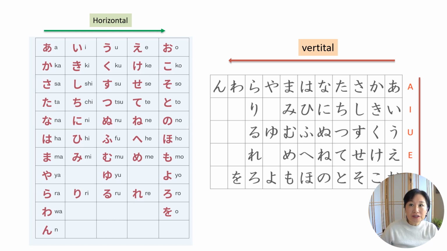Your Hiragana chart may be displayed either horizontally or vertically because, as I explained in my introduction video, the Japanese writing system allows for both horizontal and vertical writing of sentences. The same applies to these charts. Both formats include all 46 basic hiragana letters, so either chart will work perfectly fine.